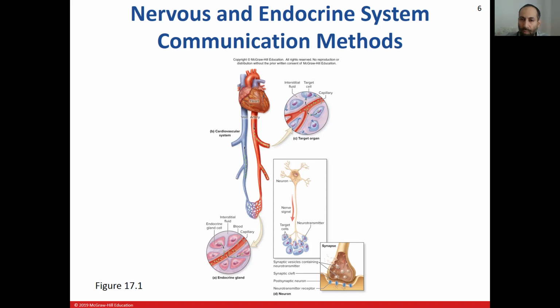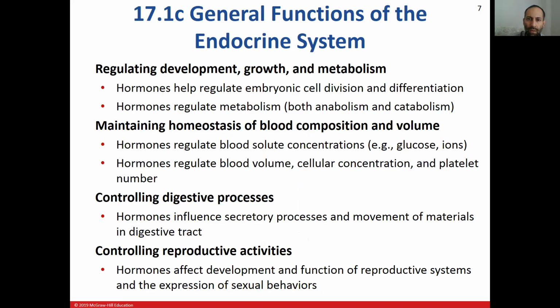For example, the growth hormone not only acts on your muscles and bones and tissues, but also on ligaments, tendons, right? Basically, it also causes your red blood cells to grow in number. So taken together, the endocrine system has much more far-reaching, widespread effects as compared to the nervous system.